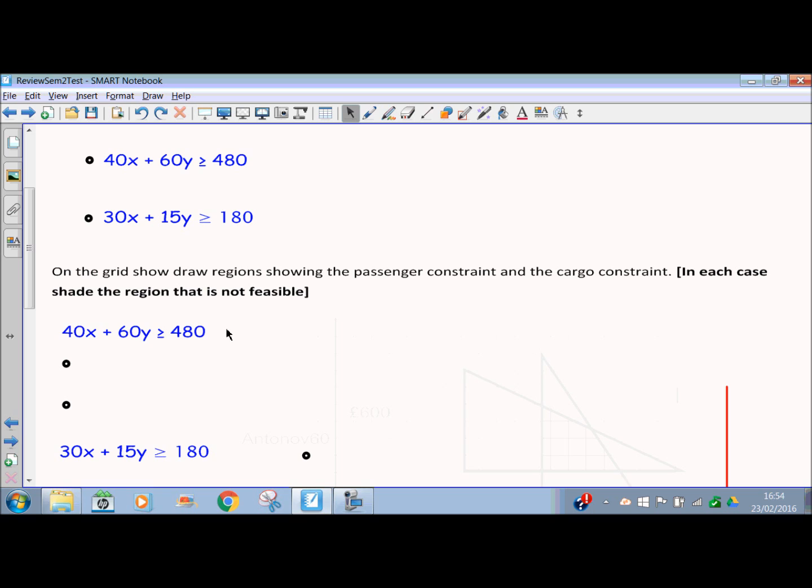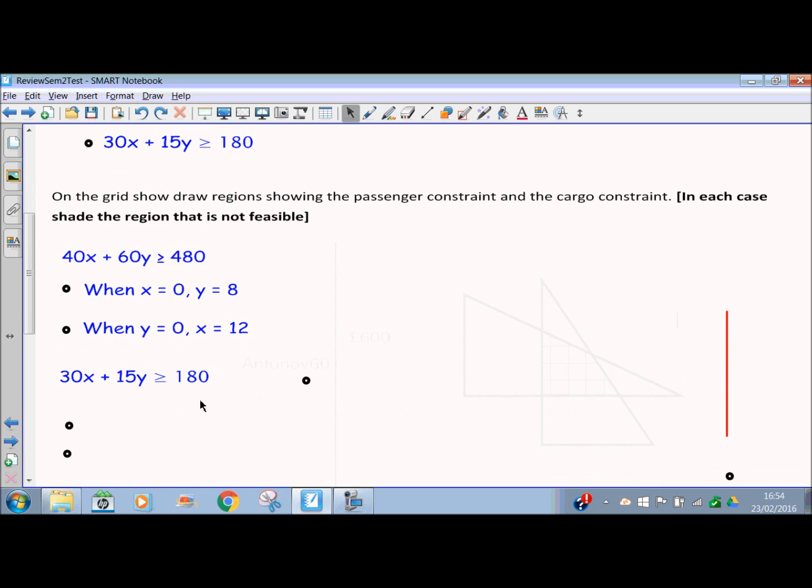In order to draw this line, we need to work out what the value of x is when y is 0 and what the value of y is when x is 0. When x is 0, y equals 8. When y is 0, x will equal 480 divided by 40, which is 12.